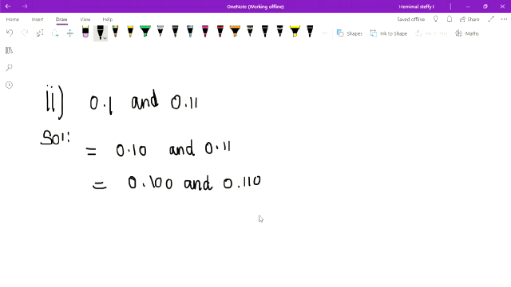Between 100 and 110 we can write many numbers.